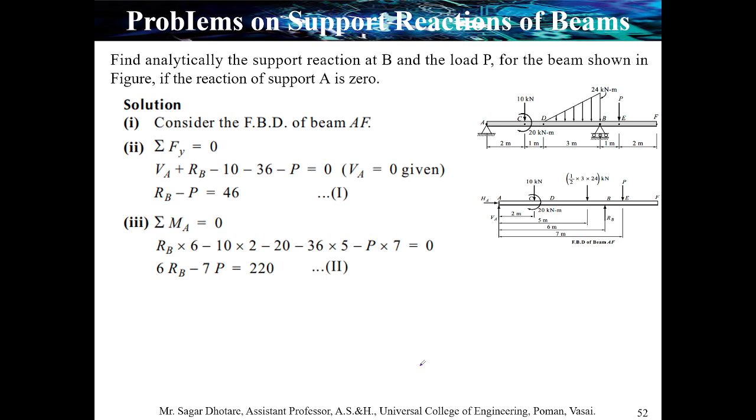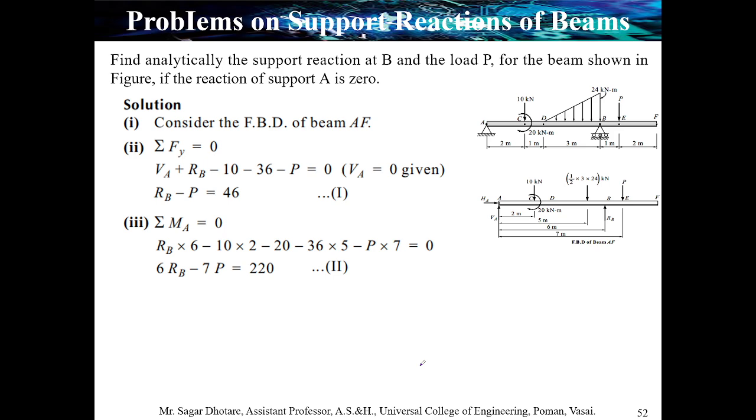So taking moments at point A, first RB into the distance, that is RB into 6, minus the first force 10 kilonewton, 10 into 2, which is also in a downward direction, so negative. And 20 kilonewton is a couple which is acting in a clockwise direction, so it's minus.